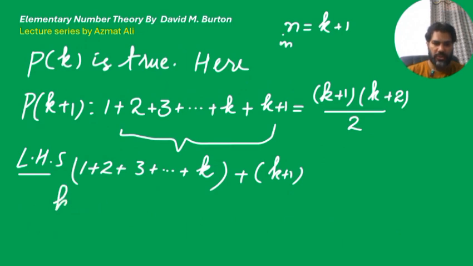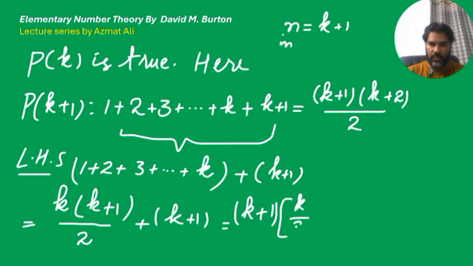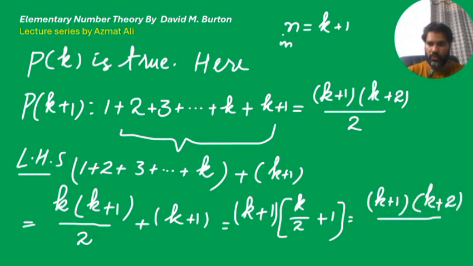So this is equal to k into k plus 1 over 2 plus k plus 1. Just taking k plus 1 common, we have k plus 1 into k over 2 plus 1. By taking LCM, we have k plus 1 into k plus 2 over 2, which is equal to the right hand side of P of k plus 1. That is what we needed to show.